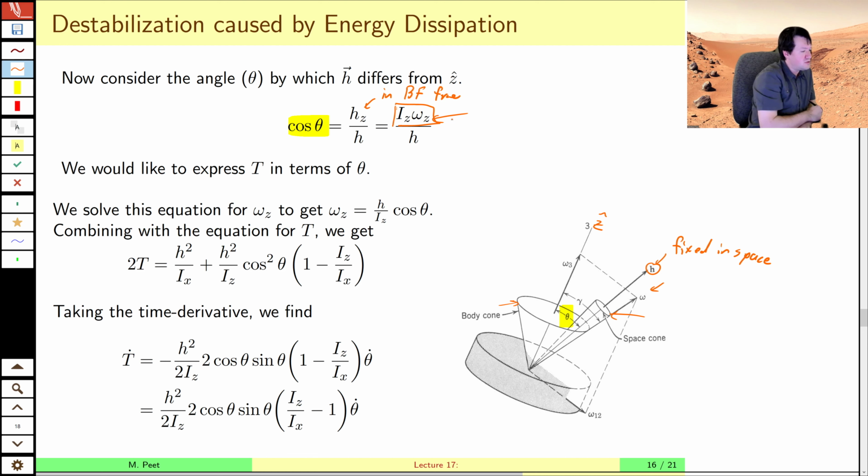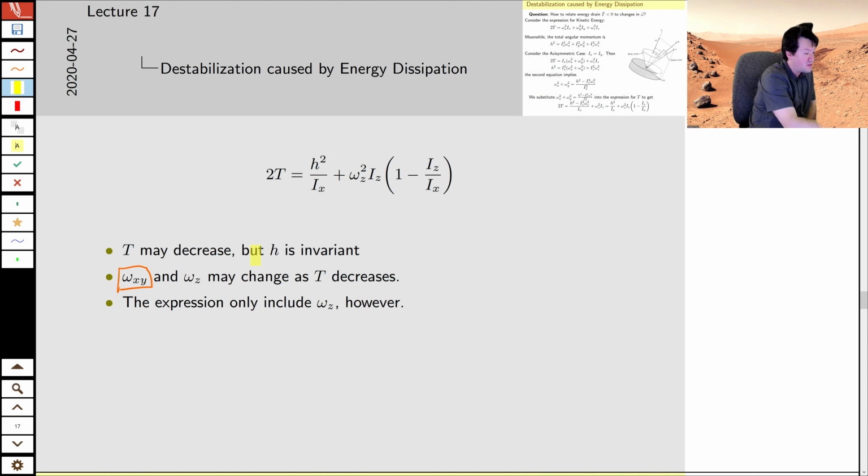Okay. So what we're going to note is that in our expression down here, remember this is our expression from the previous page, it's got this term here, which we're going to try and eliminate.